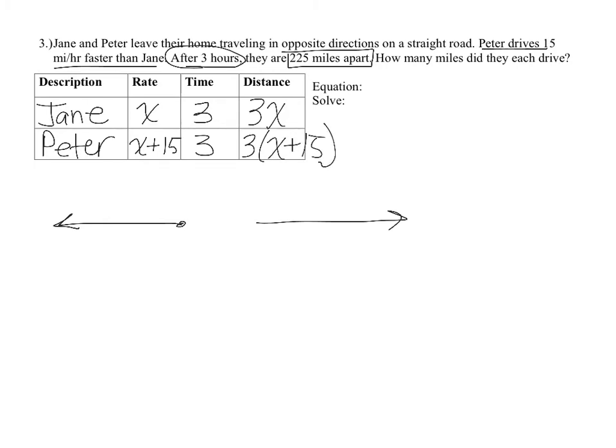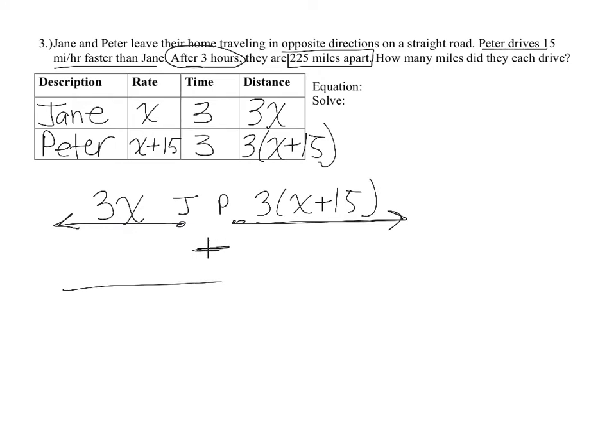Now, in this case, it does not say that they're going in the same direction. They're going in opposite directions. So I want you to picture this. If this side is Jane, and Jane's distance is being represented by 3x, and this over here is Peter, and his distance is being represented by 3 times x plus 15, well, their combined distance together is 225 miles apart.